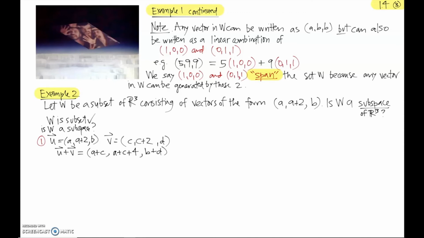So we can say, wait, this is not in W. And so this right here is going to prove that W is not a subspace. Therefore, W is not a subspace. It's not closed under vector addition.